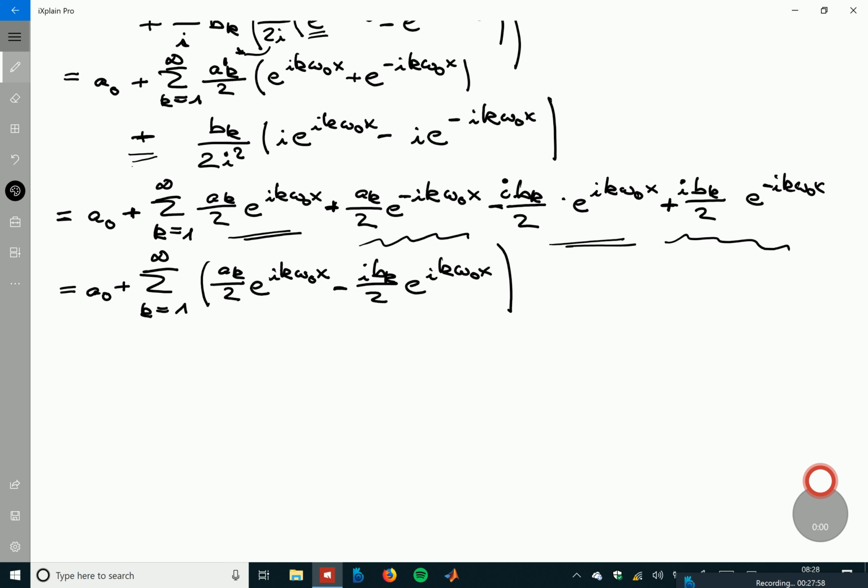Now for the second one with the negative exponentials, we have to do something a little bit more. Here what we do is split the sum, and also change the index of summation. So we start now with k at minus infinity and go up to minus 1.